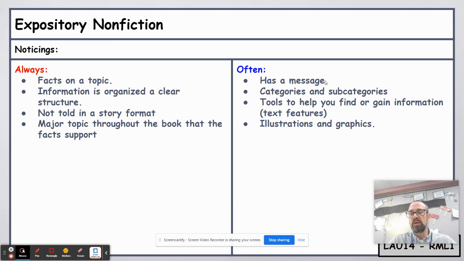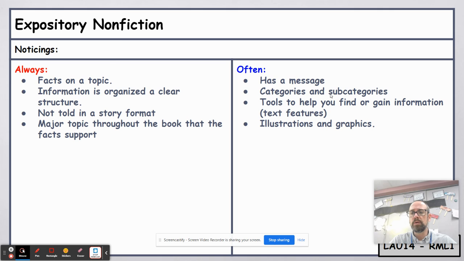Remember, sometimes if we have something that is just strictly informational, the message and the main idea are kind of the same thing. The main idea of One Well is that access to the water on the planet isn't equally distributed. The author's really saying, hey, we need to make sure we're taking care of our resources and sharing them when we have the opportunity. So the message and the main idea are slightly different.